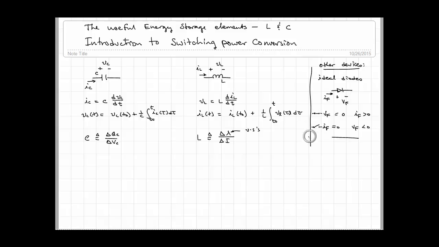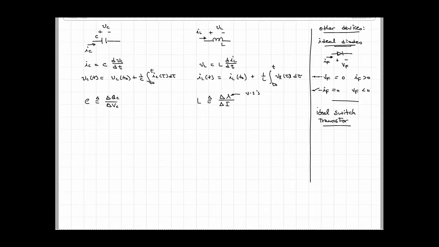And then we'll have transistors as well. I'll call this an ideal switch transistor. And so here we'll use an N-channel MOSFET. We have a drain, a gate, and a source.